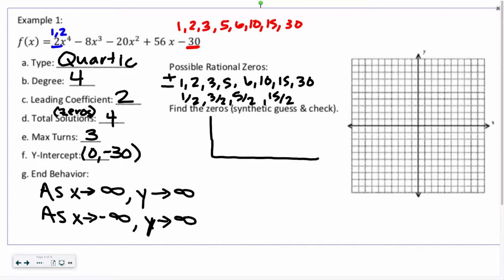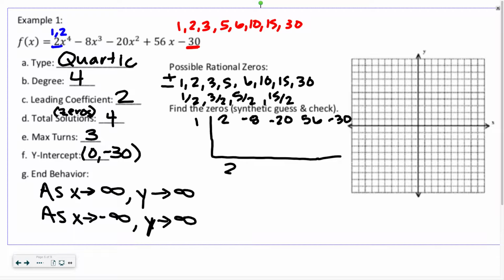So what number do you guys want to check in synthetic? 1. Okay, so put in your coefficients and we'll check 1. You would probably want to do this with a pencil in case it doesn't work out so you can erase it.